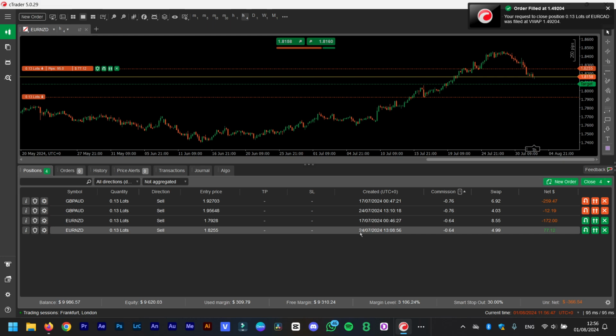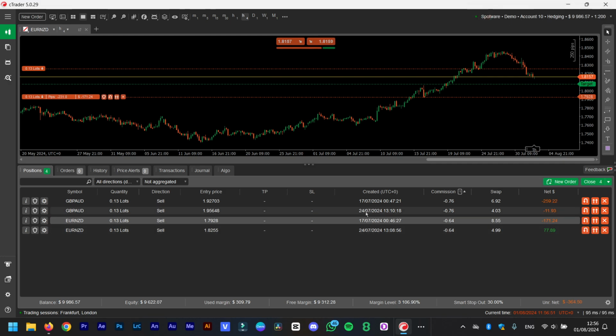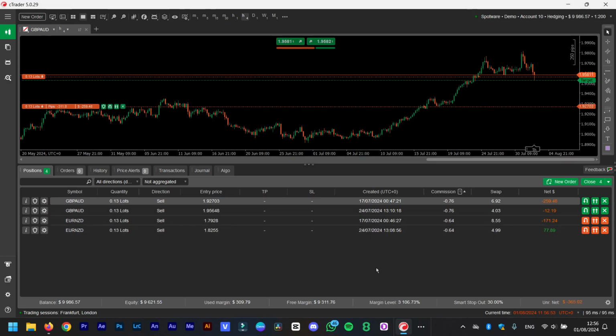Your NZD. Also, I need to wait until it goes back to break-even point. And what I'm gonna do now is I'm gonna wait. So instead of opening more trades in this account, because I only have 3,000% of margin, and I'm using a wrong proportional lot size. I'm using 0.13 here, and I'm supposed to be using 0.10 on each one of these trades.